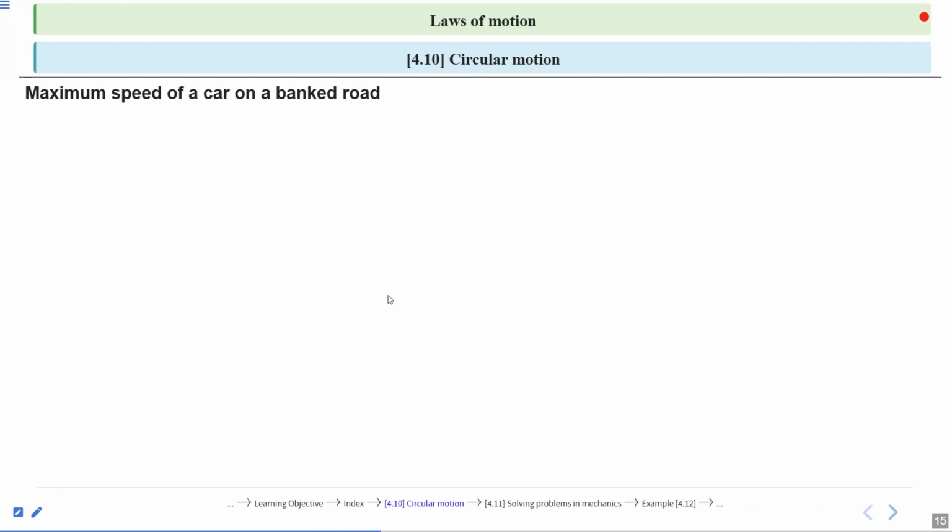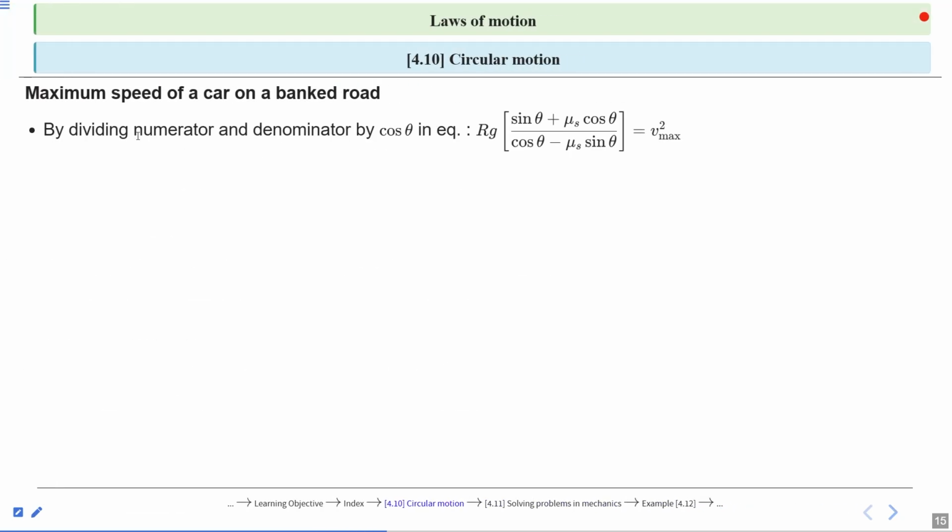So by dividing numerator and denominator by cos theta in this equation, rg (sin theta plus mu s cos theta) divided by (cos theta minus mu s sin theta) equals v square max.